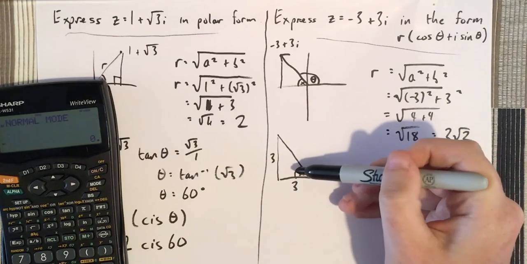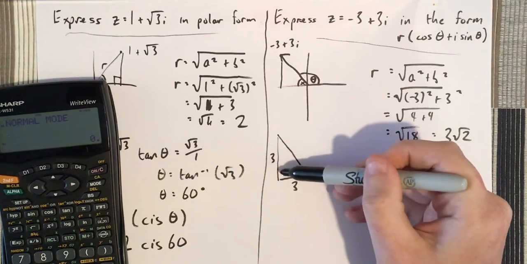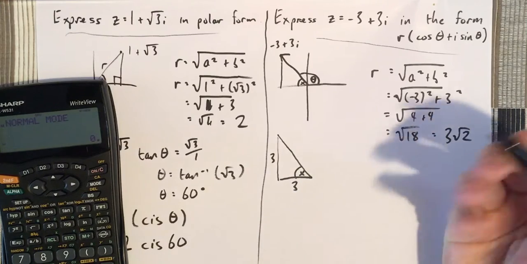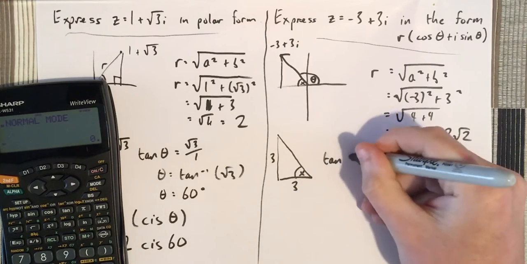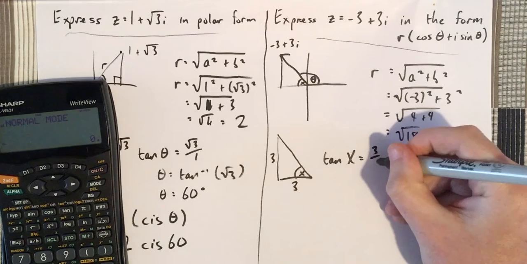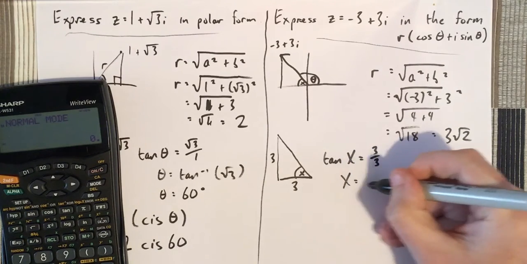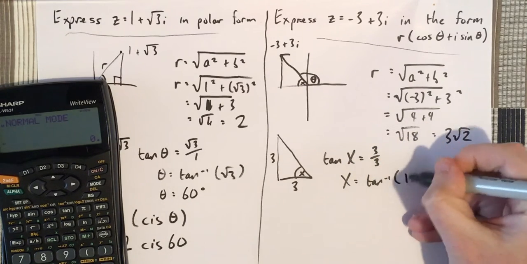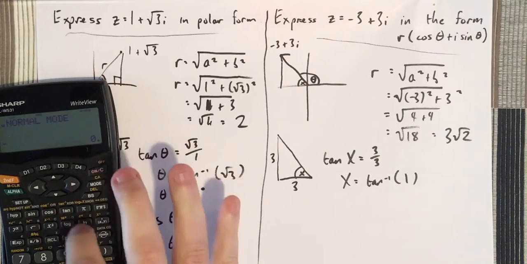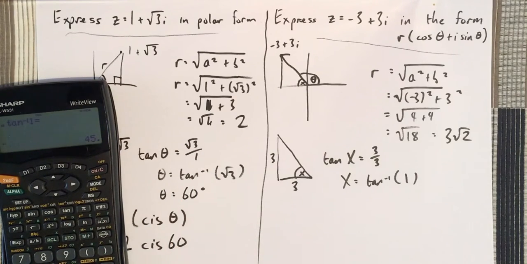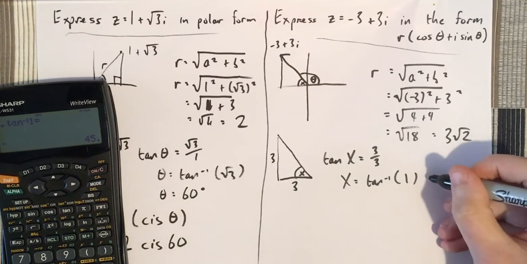All right, so it is opposite 3, adjacent 3. So the tan of x is 3 over 3. So x is the tan inverse of 1. What is the tan inverse of 1? It's 45 degrees.